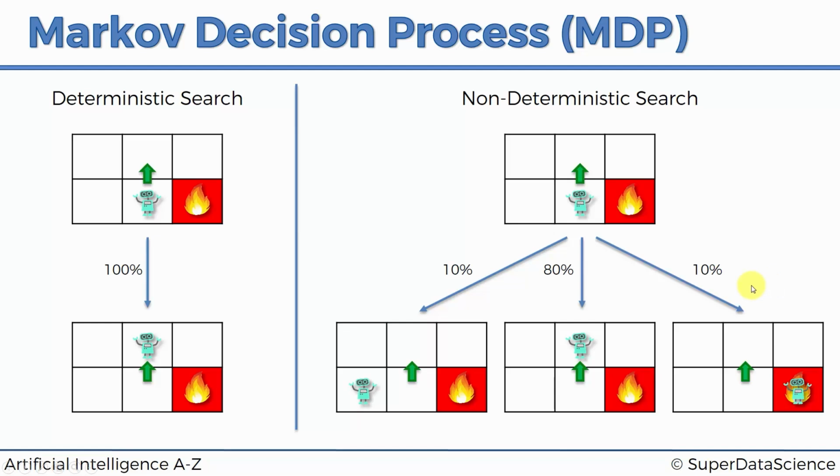But at the same time, the randomness is of course not limited to if you go up, there's a 10% chance you'll go right, or a 10% chance you'll go left. Or if you go down, there's a 10% chance you'll go right or left, or if you go right, there's a 10% chance you'll go up or down. It's not limited to where you're going to end up. Sometimes you might have a problem that is exactly like this. Sometimes the probabilities might be different. Sometimes the randomness might boil down to something else, like in that example of Pac-Man, of the ghosts eating you or not eating you.